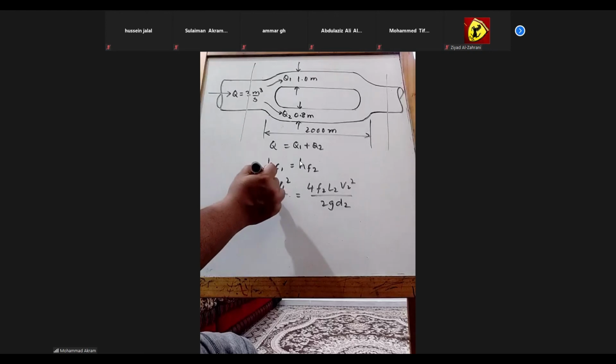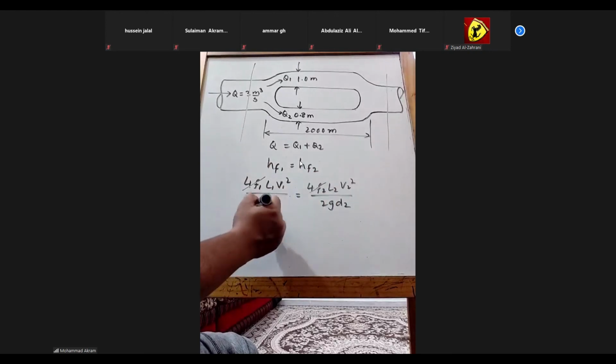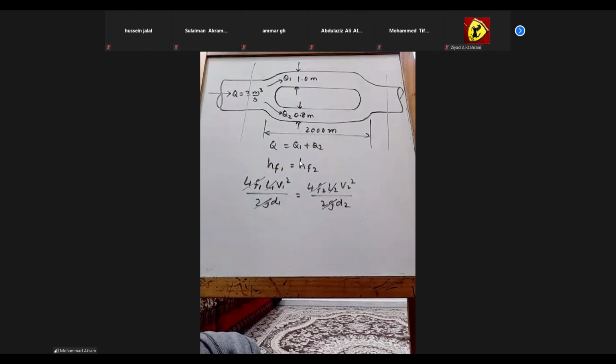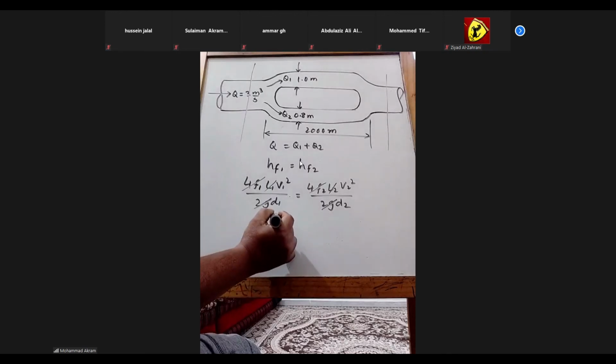Can I cancel 4 F1, 4 F2, 2G, 2G? Yes. And we said that the length is the same. So what is it coming?